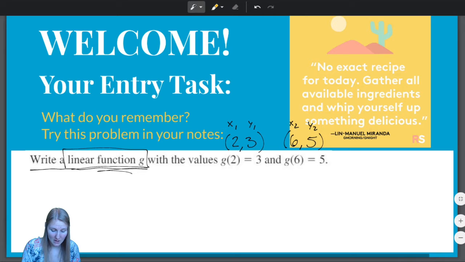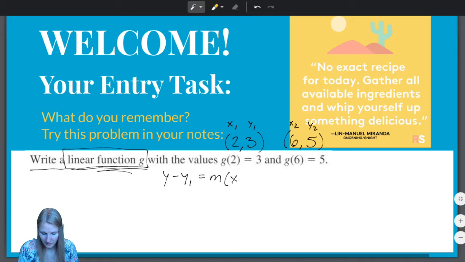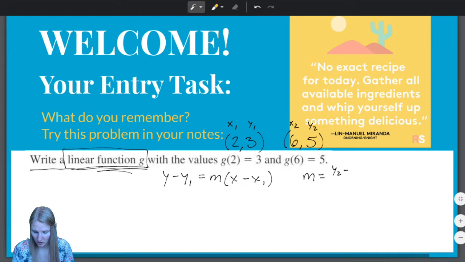But before we get there, we're going to start in point-slope form. y minus y1 equals m times x minus x1. Okay, so we need to find m, which is y2 minus y1 over x2 minus x1.